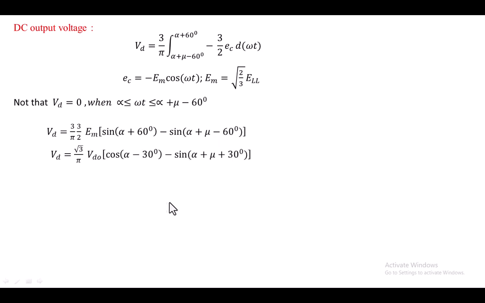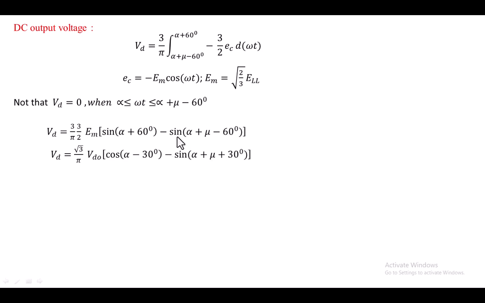Now if you simplify this equation, we are getting Vd equal to root 3 by pi Vd naught, where Vd naught is nothing but the output DC voltage without overlap angle, into cos of alpha minus 30 minus sin of alpha plus mu plus 30 degrees.